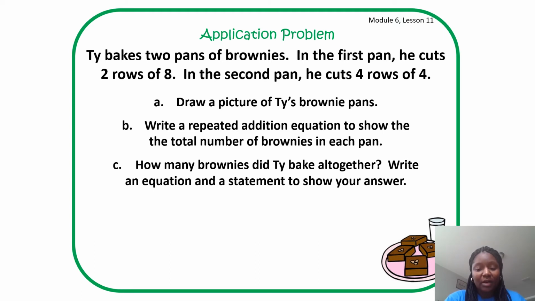How many brownies did Ty bake all together? Write an equation and statement to show your answer. So at this point, pause your slide, answer A, B, and C, and then come back.